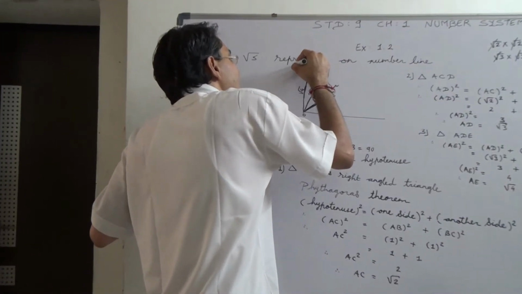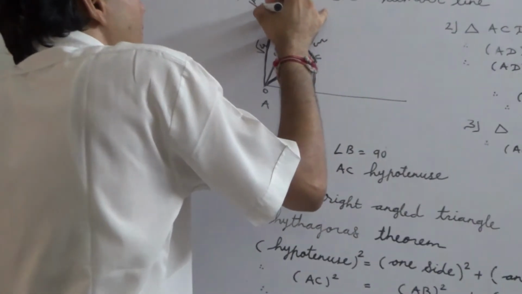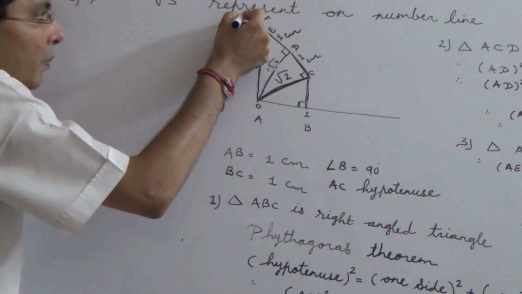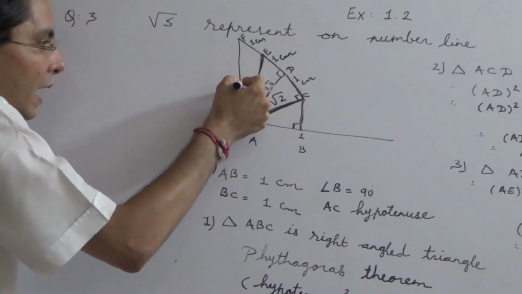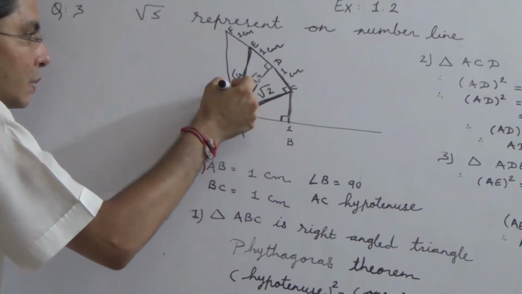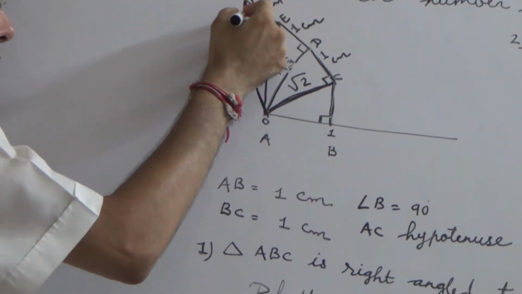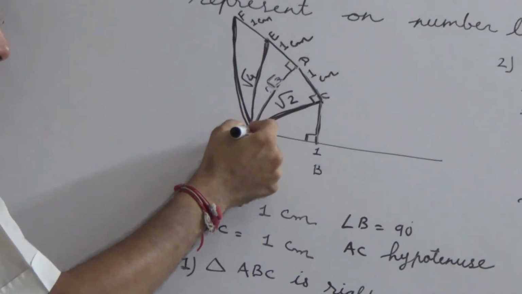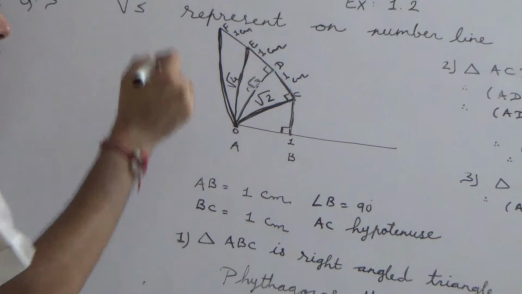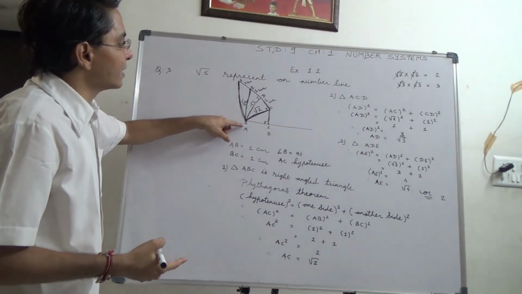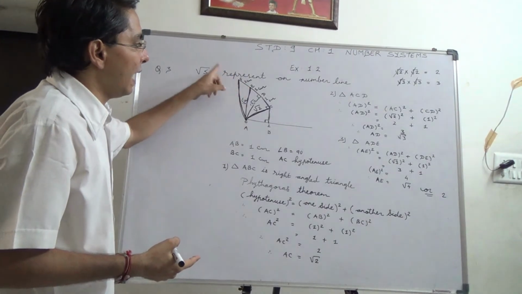From E, we consider F and take 1 centimeter, and join the point F with the origin point. Any point you have to join with the origin point. Now consider triangle AEF.